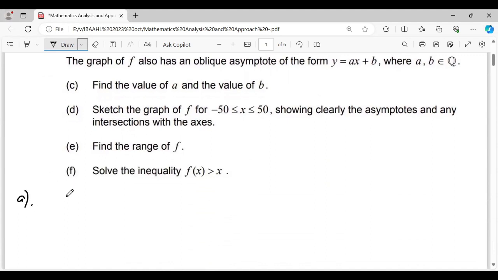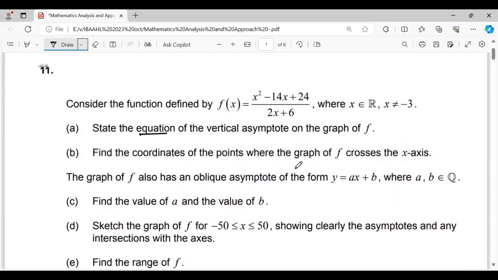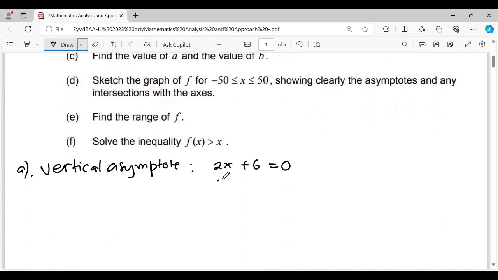The vertical asymptote happens if 2x plus 6 equals 0, if the denominator equals 0. So 2x equals minus 6, x equals minus 3. So this is the equation of the vertical asymptote.